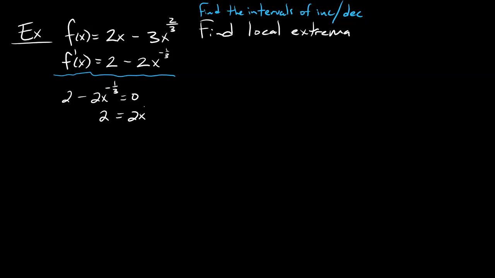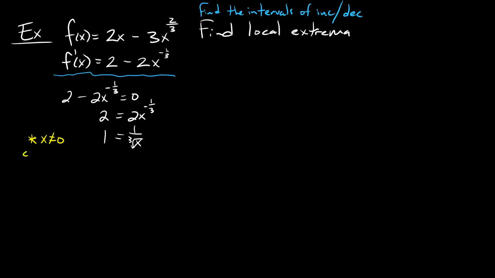I feel like we had one almost exactly like this the other day. Divide by 2. So there's different ways to solve this. I wanted to write it like this because I'm guessing you guys can see on this step x can't be 0.